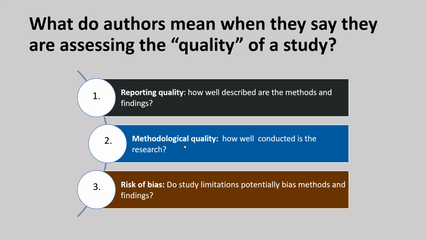I prefer to say reporting comprehensiveness, and I hope that people will turn to that as the preferred nomenclature from now on. Methodological quality is about how well the research is conducted. And risk of bias is about whether the limitations in a study can potentially bias the methods and the findings.